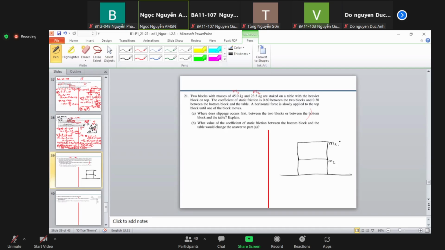So first I have to determine the free body diagram. Okay, so on M2 first.